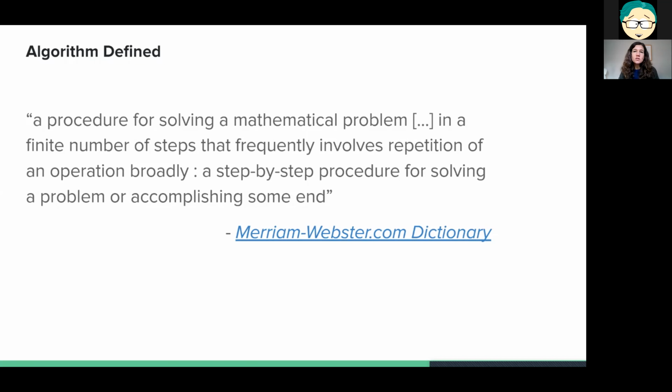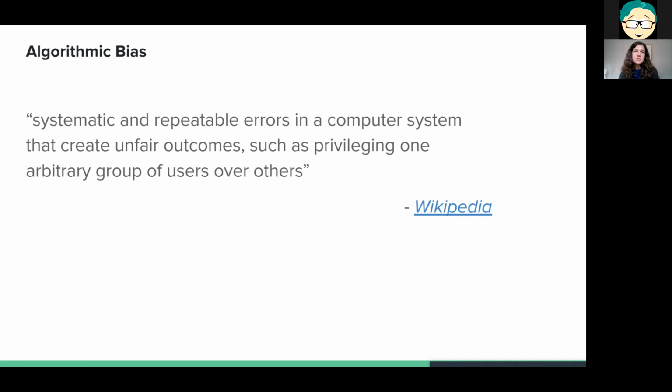Now, as you can see from this definition, it's not specifying computers, although when we hear the word algorithm, that's usually how we think about it. We think of databases, search engines, and that's mostly the way that I'm going to be focusing on it today as well, but we'll see that it's a little bit broader than that.